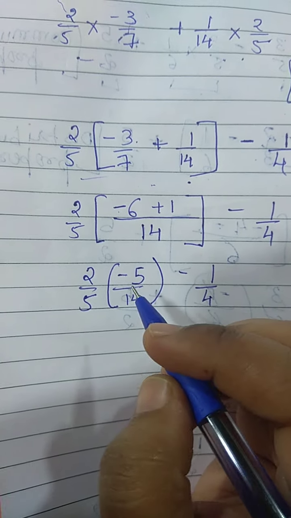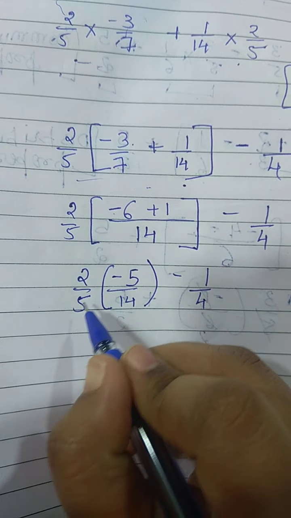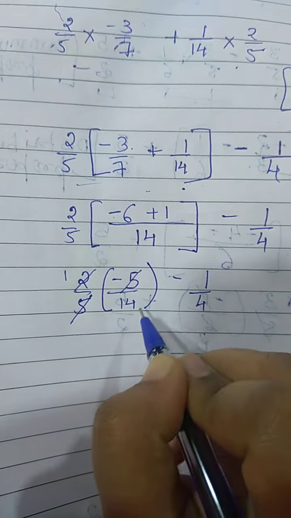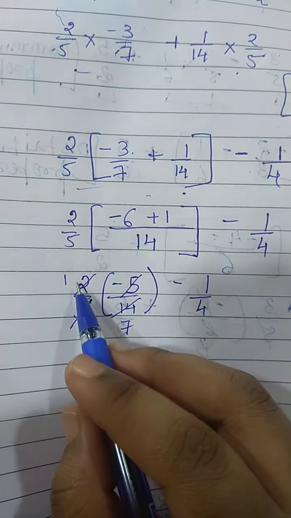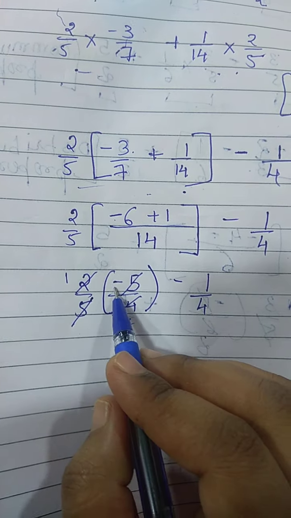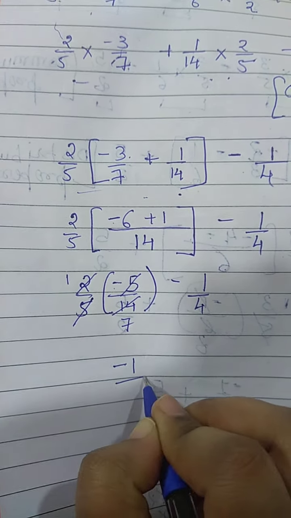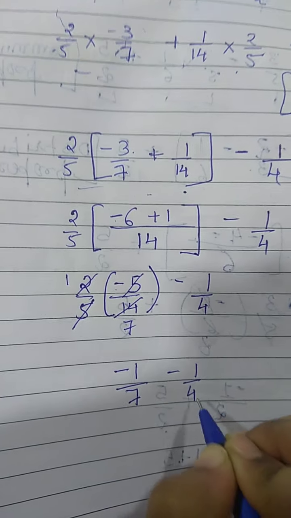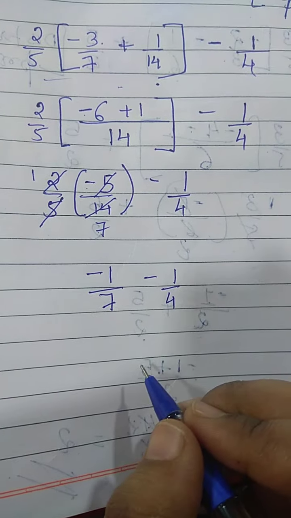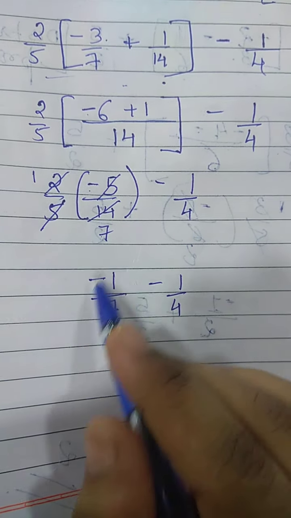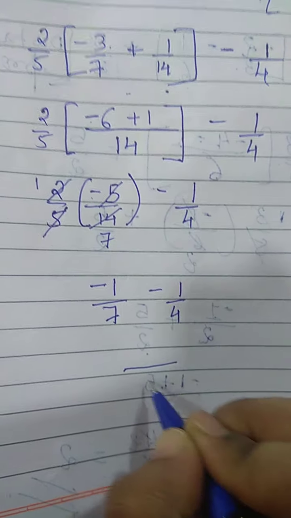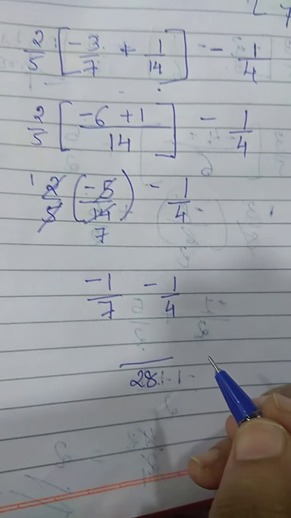Right? Now can you cancel this? 5 and 5 cancel. 2 ones are 2, 2 sevens are 14. So what is left over here? 1 and this minus. So 1 upon 7 is left, minus 1 upon 4. Now what will you do? We'll take an LCM because it is a fraction you are getting. The LCM of 7 and 4 is 28.